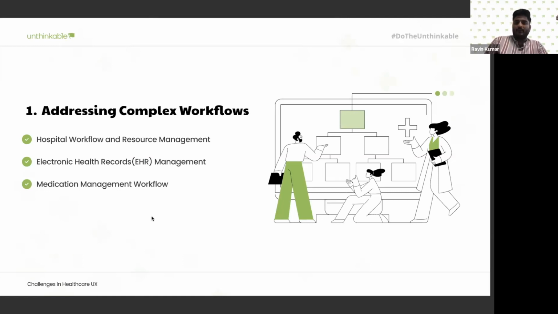This involves the collection and storage of patients' data, their medical records, demographics, medical history, etc. And then third could be medication management flow, such as authorization and user authentication, prescription validation, etc. So all these three things, of course, apart from that we may have more, but we have only listed three of them, and these actually require close consideration when it comes to working on any digital platform relevant to these particular fields.